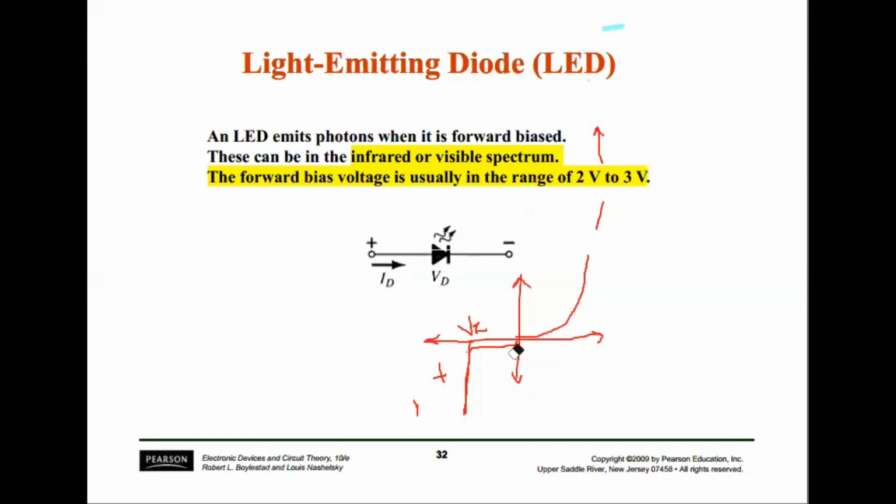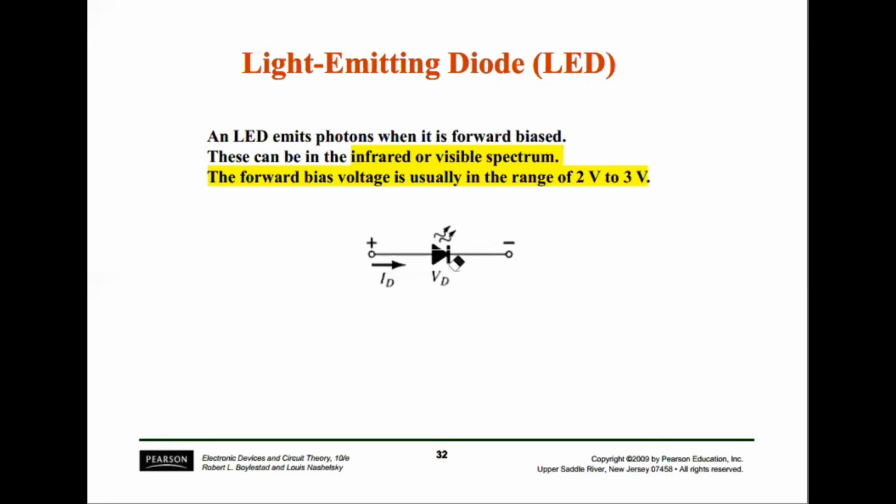LEDs are nowadays very famous, and the basic function of a light emitting diode, or LED, is that when we apply voltage over an LED, the conduction of charge always produces light, either in the visible region or in a region which is not visible, just like infrared.